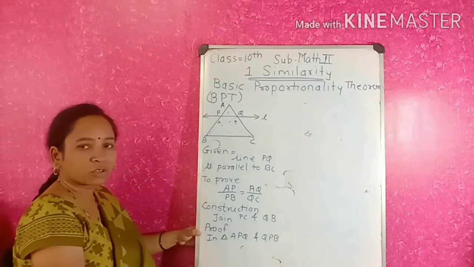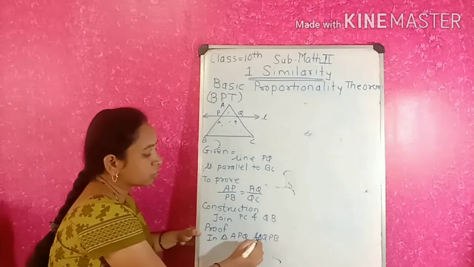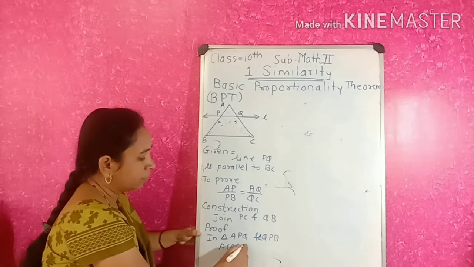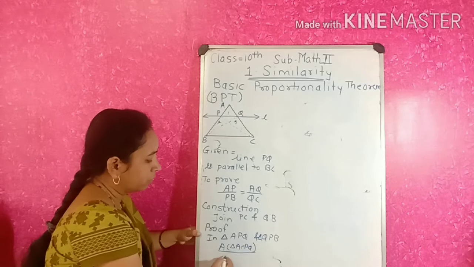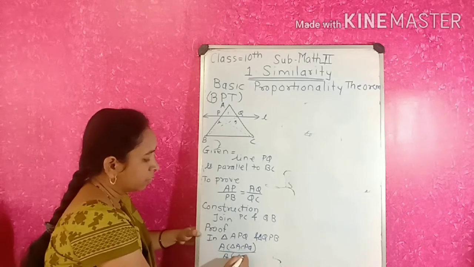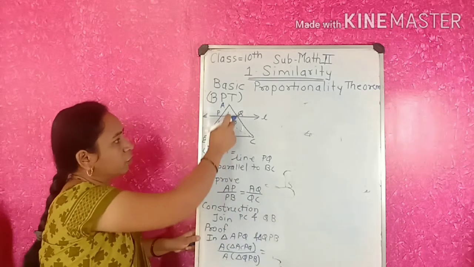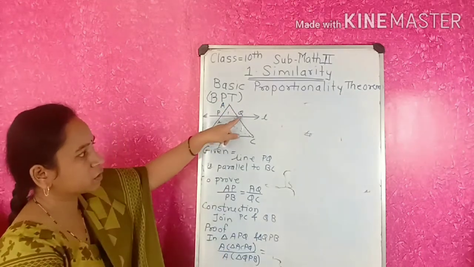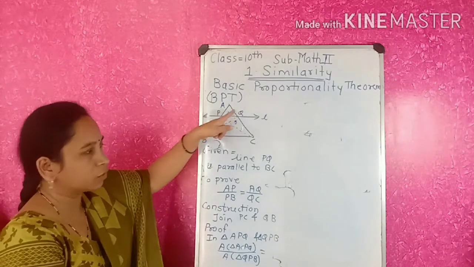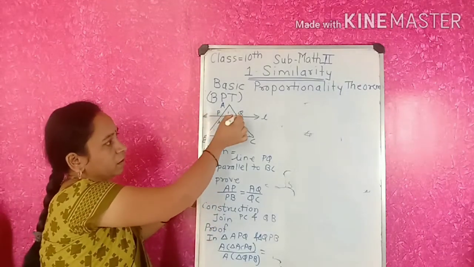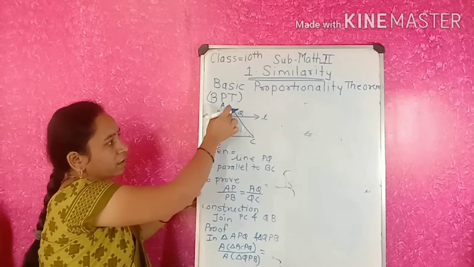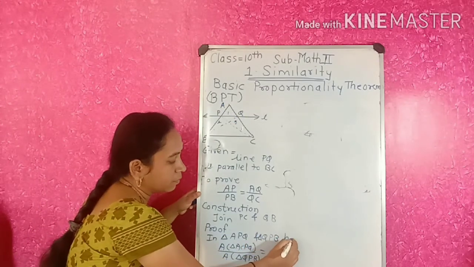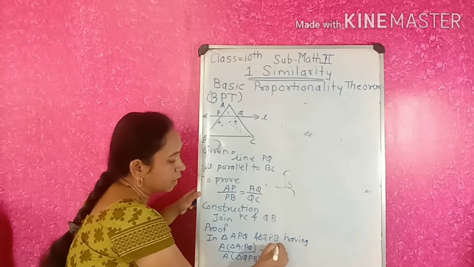If you take the ratio of the areas of these two triangles, area of triangle APQ upon area of triangle QPB, if you observe, both of them have the same vertex, common vertex Q. And from common vertex Q, if I measure the height, then both triangles will have equal height. So these two triangles are having equal height.